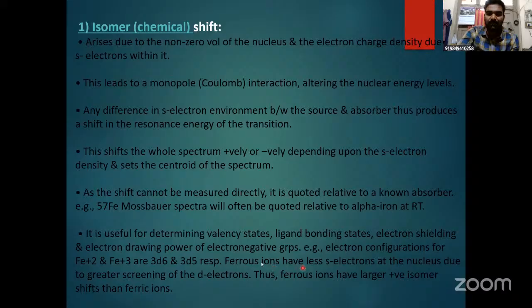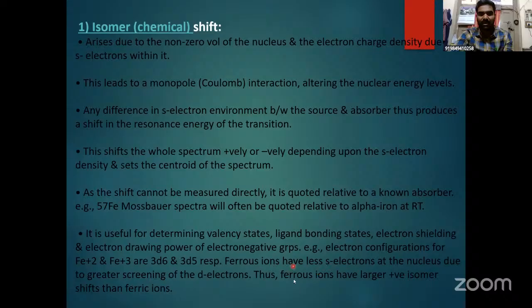Ferrous ions have less electrons at the nucleus, due to greater screening of the d electrons. Thus, ferrous ions have the largest positive isomer shifts.